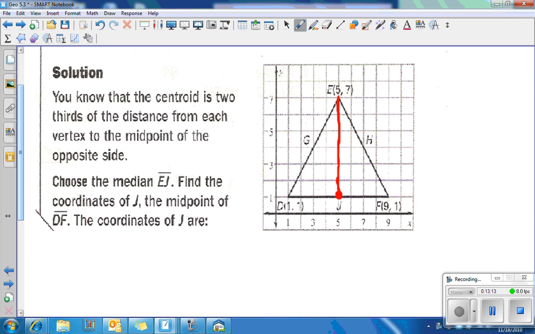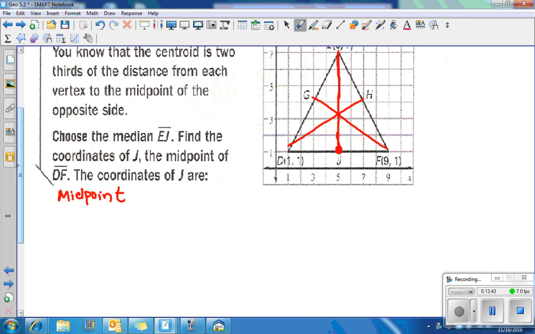You want to check it out. It looks like maybe G and H might be the midpoints, but you need to check. We can find the midpoint of EJ, and that's going to be the midpoint of all these. So let's do it.